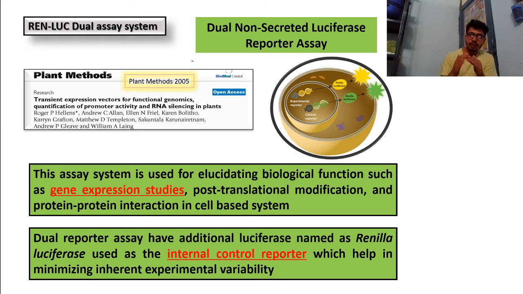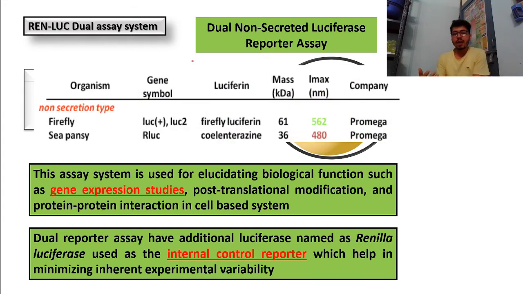So you have taken a Renilla luciferase reporter and attached it to a gene which is ubiquitously present in the system. Whenever you attach the Renilla luciferase to an internal control reporter, you can minimize all the fluorescence coming from the internal control, and whatever fluorescence is left is the gene expression of that particular interaction partner.